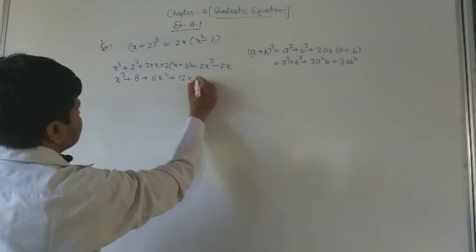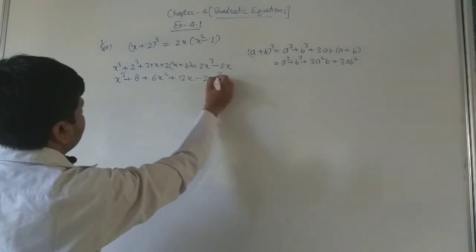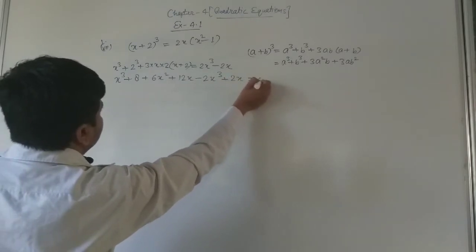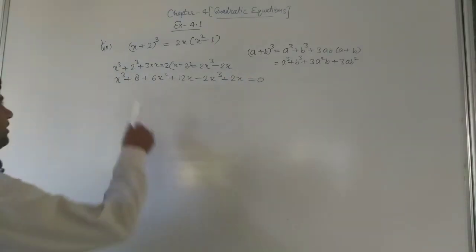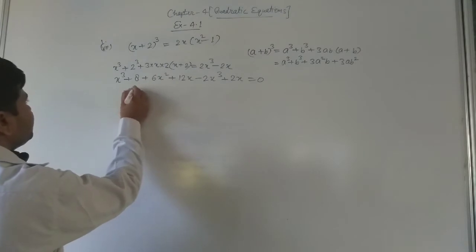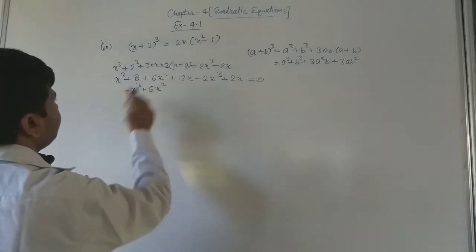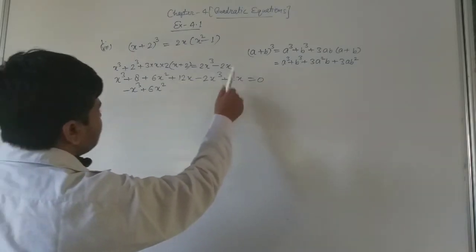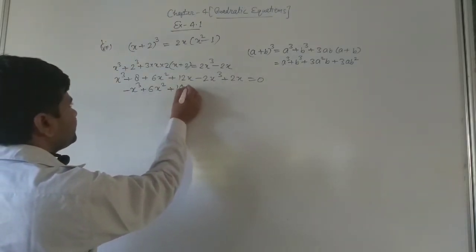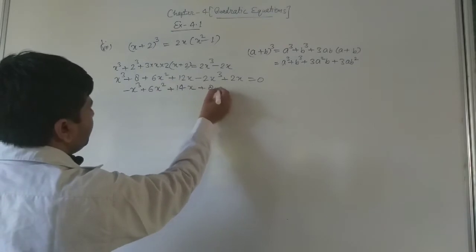Now transferring these terms, minus 2x cube and plus 2x, equals 0. Now what is left? x cube minus 2x cube, that is minus x cube, 6x square is the only such term, so plus 6x square, the terms of x, that is 12x plus 2x, so it will be 14x, and plus 8 equals 0.